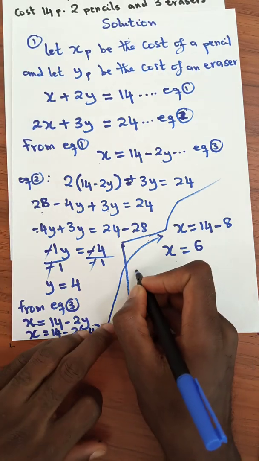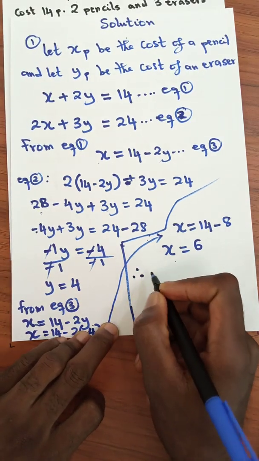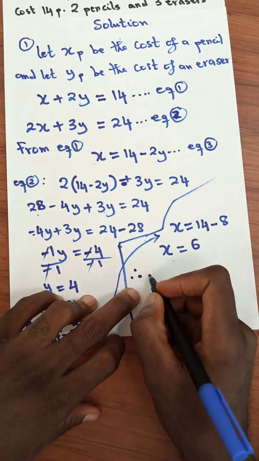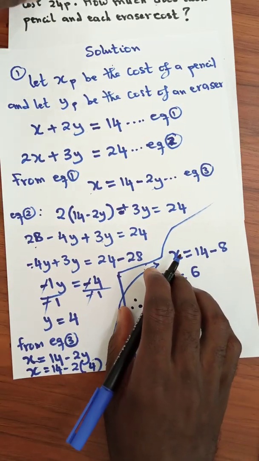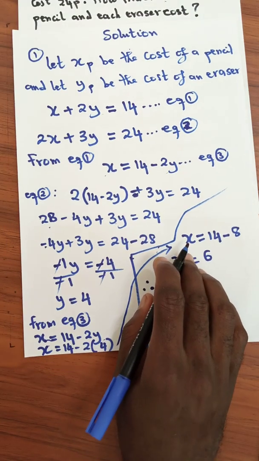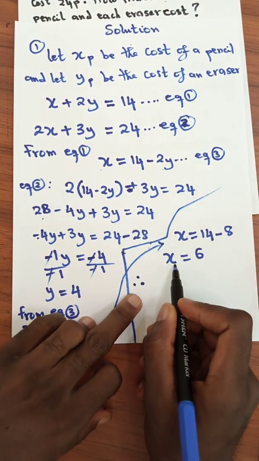Okay, so therefore, what will I say? I can write therefore. The question says, how much does each pencil and each eraser cost? I know the value of the pencil here.